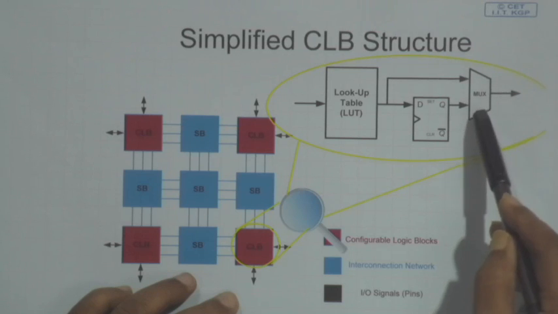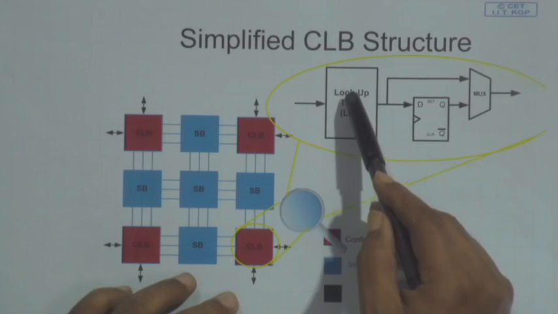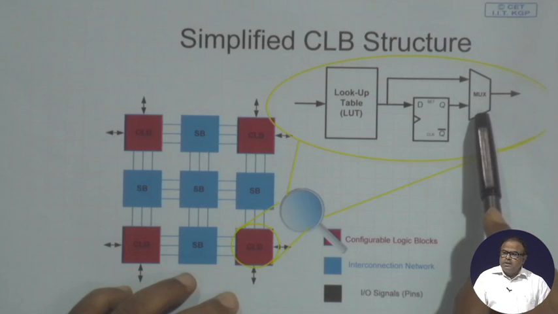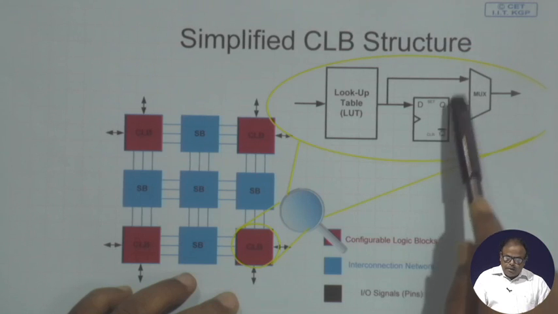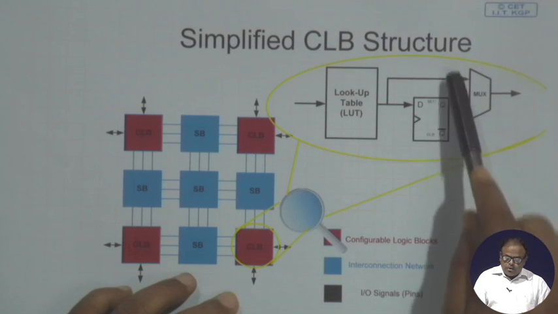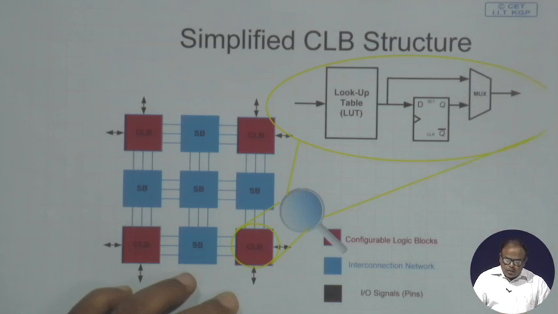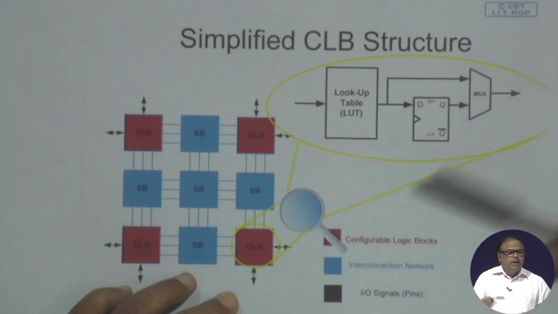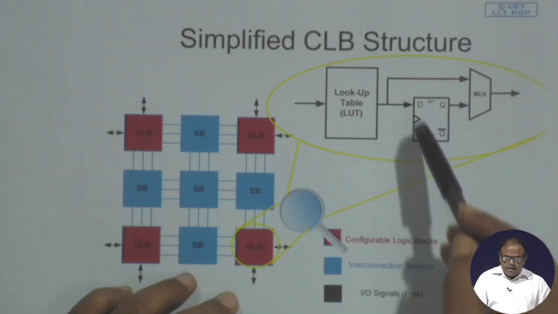Therefore, my programming will not only include programming this lookup table, but will also include programming the selection bit or bits of the mux. Here only one bit is required, because I have only two inputs and I have to select one of them. Now, if I select through the D flip flop, then obviously I am getting a state concept here. I can get it at the next clock.